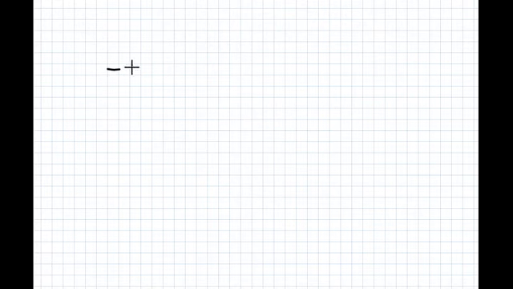What about negative 8 less than or equal to negative x is less than or equal to 2? So in this particular one here, we're going to have to do something. And that is, we just want to get an x right here, just a single x by itself, but we have this negative. And so what I'm going to do here is I'm going to go ahead and multiply through by negative 1 all the way through.